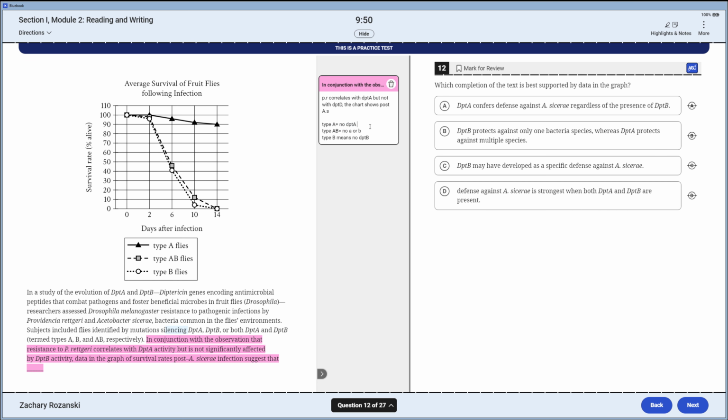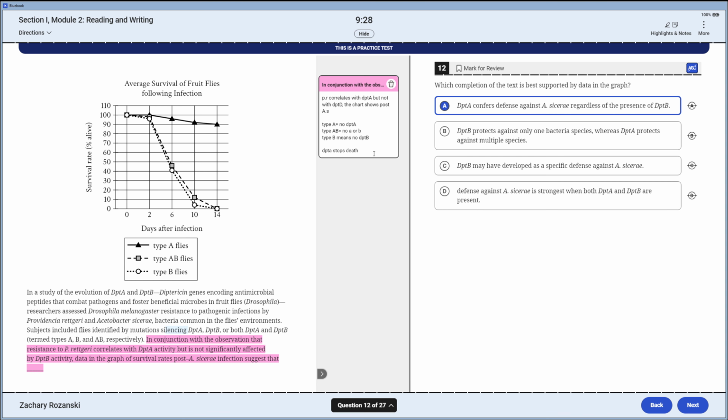Type A means silencing DPTA. Confers defense, no. DPTA stops death.